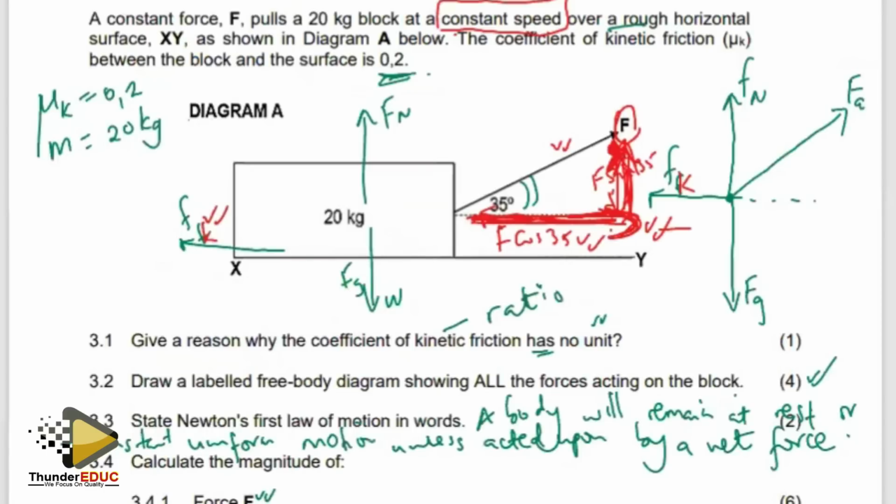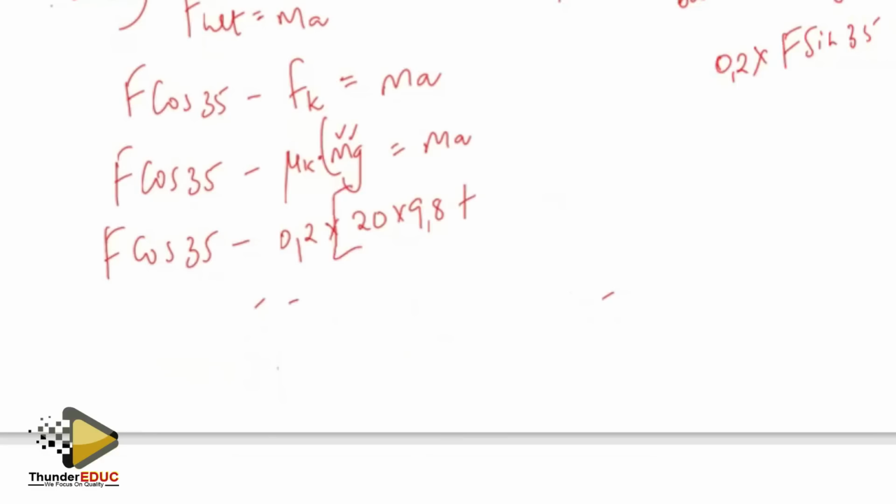Remember, this is acting upwards. This is also acting upwards. That's F sine of 35 must be 0. Then that's going to be F cos of 35 minus, we open that up. Remember, we said it was 0,2 times 20 times 9,8. That must give us 39,2.